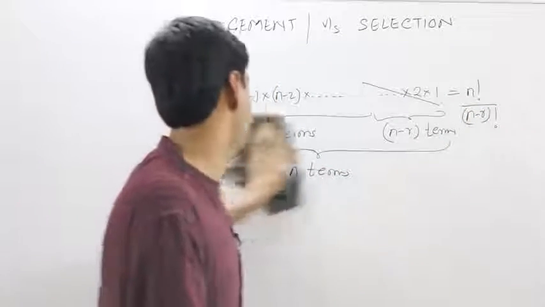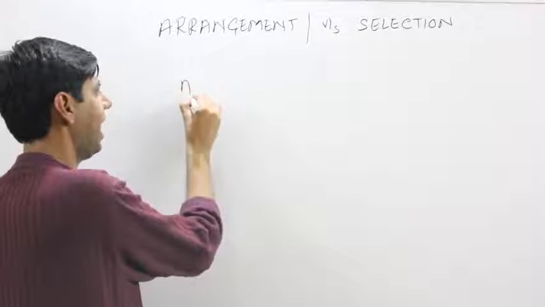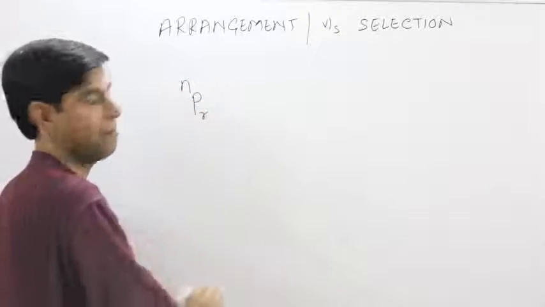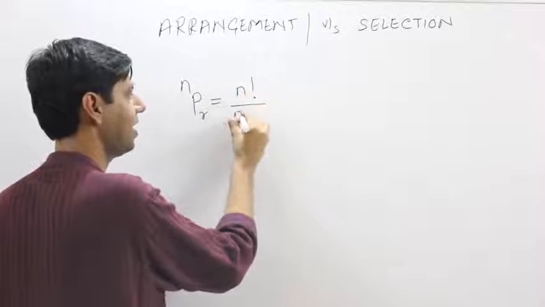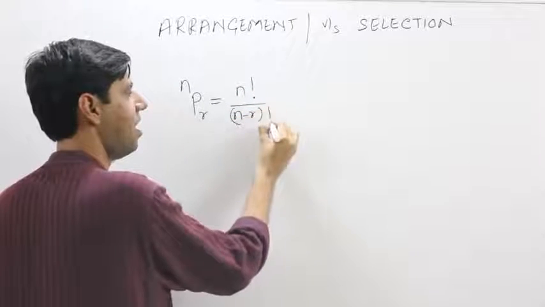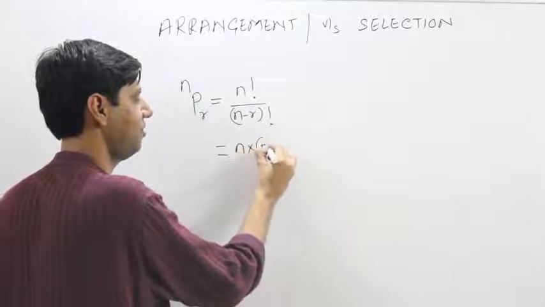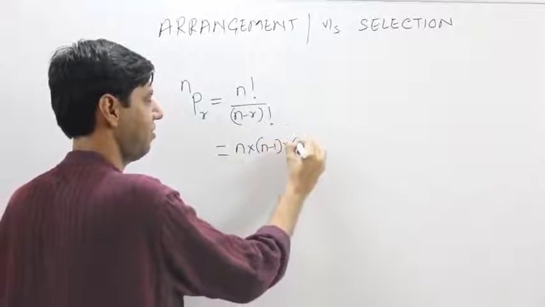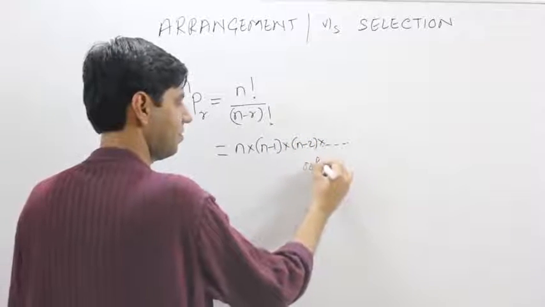Hope you have got the logic over there. So let's write finally. To speak, we use NPR. By definition, you should know this is going to be N factorial by N minus R factorial. However, to calculate it, you would have to use the way we have been doing questions, that is continuing this way and so on, R factors.